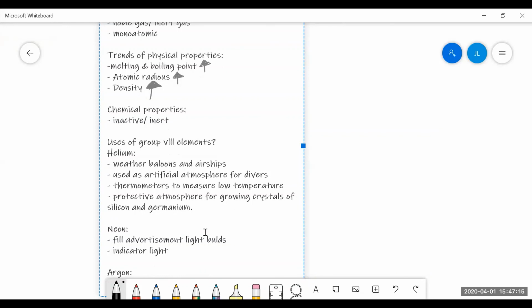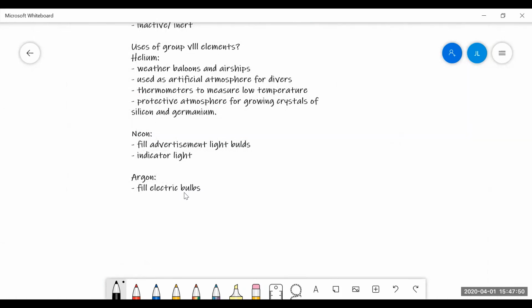As I explained just now, the tungsten filament in your tungsten bulb is very reactive and tends to oxidize by oxygen in air. So they fill the bulbs with argon gas so that it will not react with oxygen to oxidize.